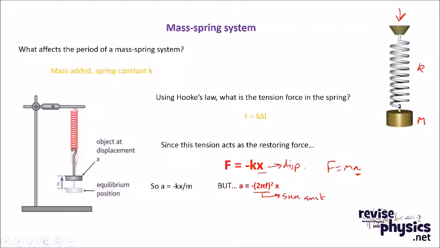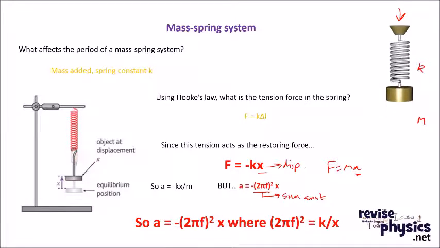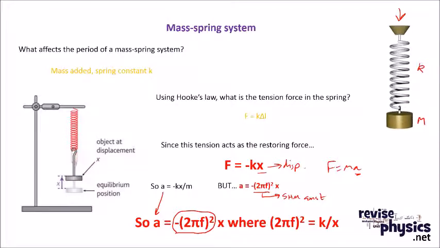So by analysing a is equal to minus 2 pi f squared x in terms of a is equal to minus kx over m, then we can see that for a mass spring system, our SHM constant of minus 2 pi f squared is going to be equal to k over m. And as a result, you can work out what the spring constant is if given the relevant information.